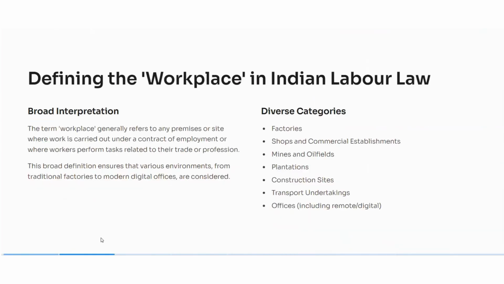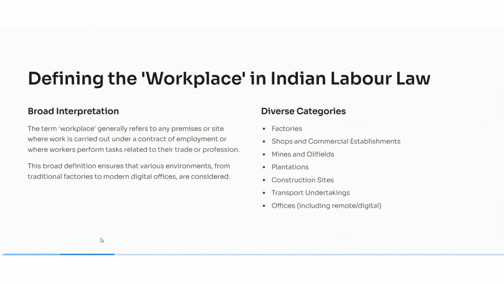Defining the workplace in Indian labor law is the biggest challenge, and a broad interpretation has been given by the court. The term workplace generally refers to any premises or site where work is carried out under a contract of employment or where workers perform tasks related to their trade or profession.